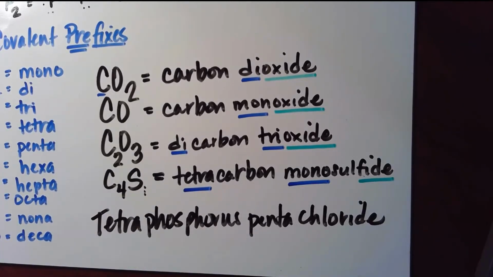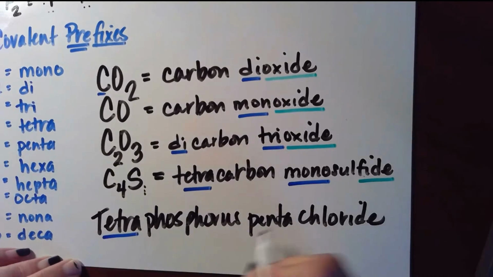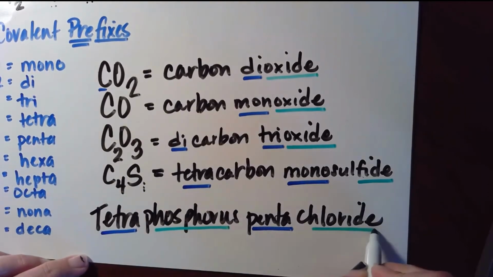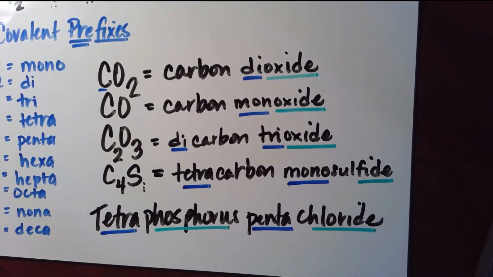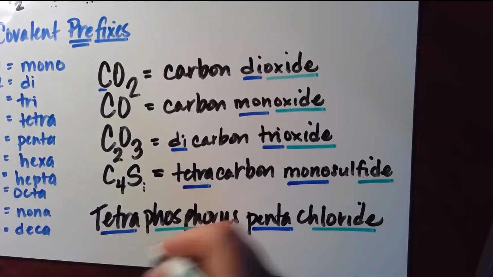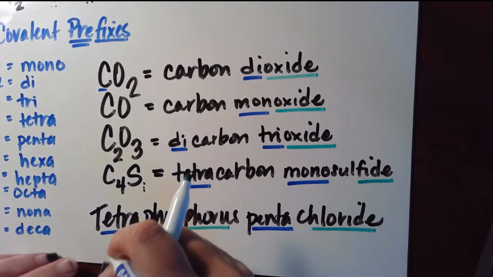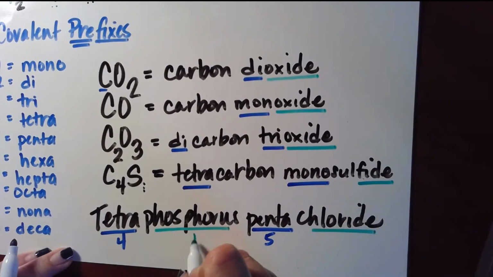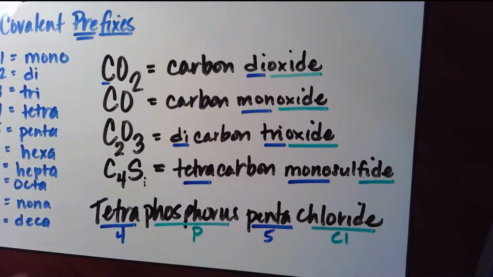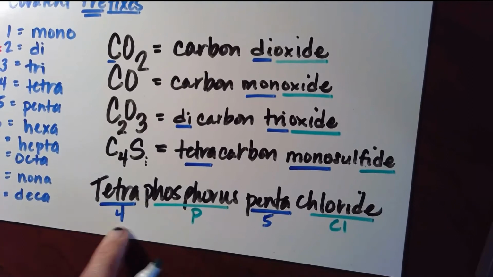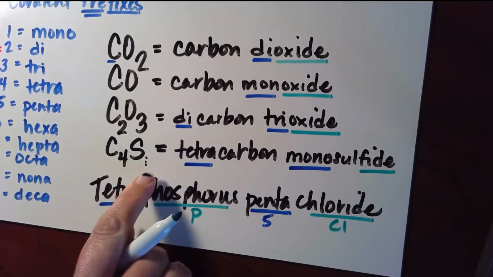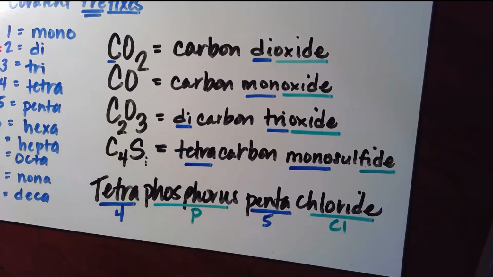So we have our prefixes of the tetra and the penta, and we know that our elements are phosphorus and chlorine. So you can write it this way in the beginning if you want. You know that that's a 4, you know that's a 5. This is P and this is Cl. The problem is if you'll notice, the numbers don't go before the letters when you write them in the formula. So you have to rearrange things a little bit.